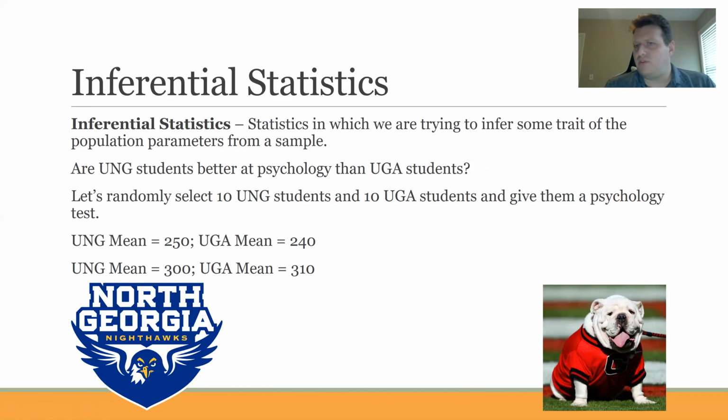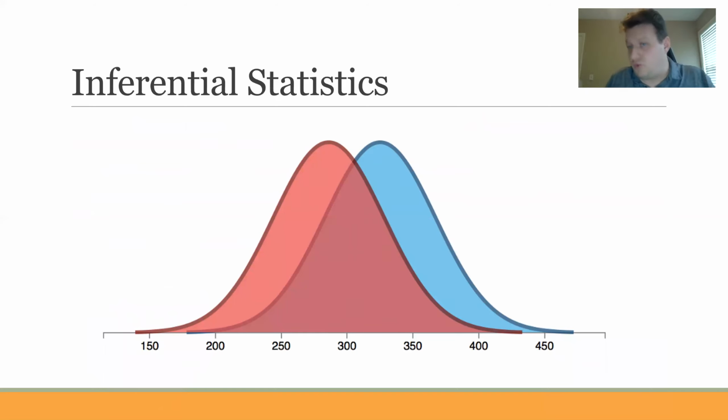How are we going to make our decision about whether this mean difference is so large that we say in the population there is truly a difference? Or maybe this mean difference is so small that it's very likely that we have found these results just due to chance.